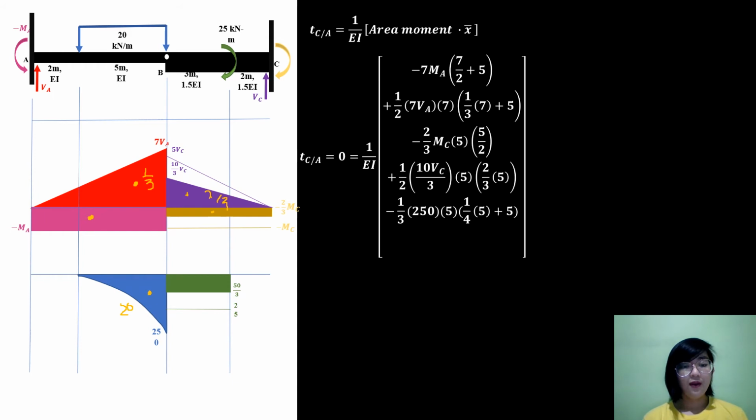So, 1 over 1 plus 2, so 1/3. So, 1/3 times yung height, which is 250, times yung base, which is 5, times yung centroid nito. Yung moment arm nga nito. So, to get that, ang formula for that is 1 over n plus 2 naman.